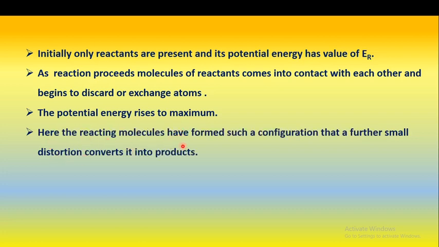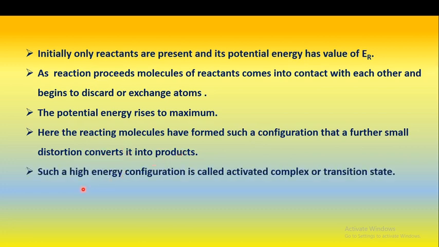The reacting molecules have formed such a configuration that a further small distortion converts it into products. Means the reacting molecules, when they get the activation energy, form such a configuration that any small distortion converts them into products. Such a high energy configuration is called an activated complex or E star, or also a transition state.